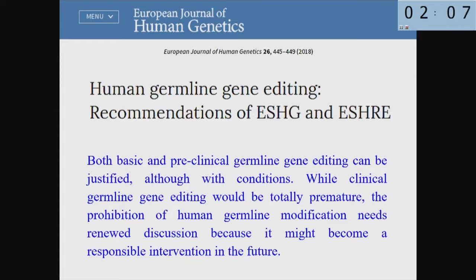Indeed, companies such as Editas Medicine, CRISPR Therapeutics, and Intellia Therapeutics, as well as research groups of various universities, are engaged in programs aimed at treating patients suffering from different diseases. To my knowledge, there are no publications in the scientific literature reporting actual trials.